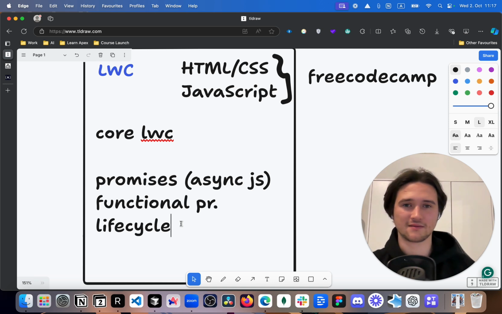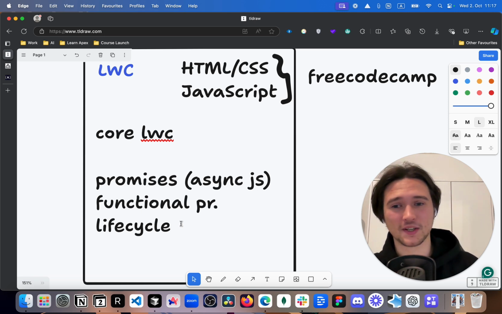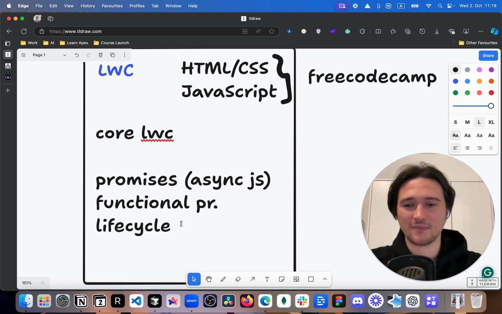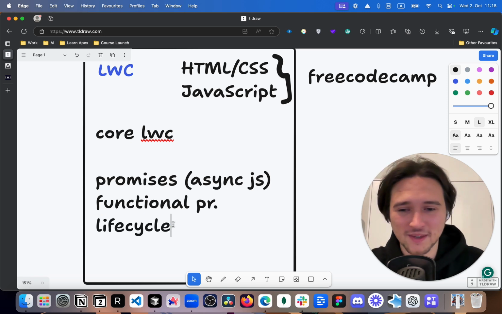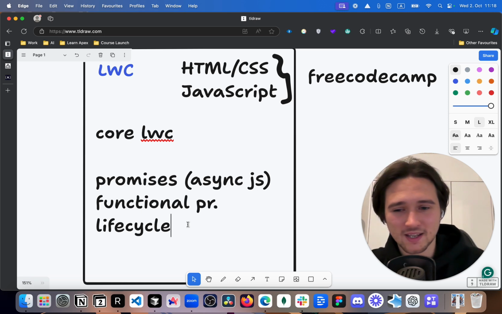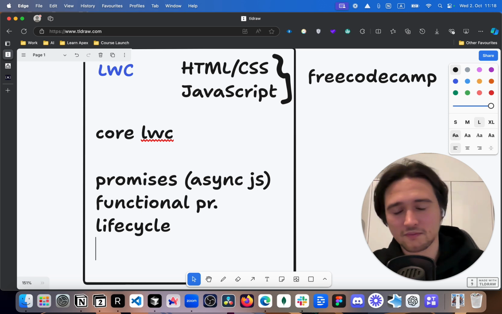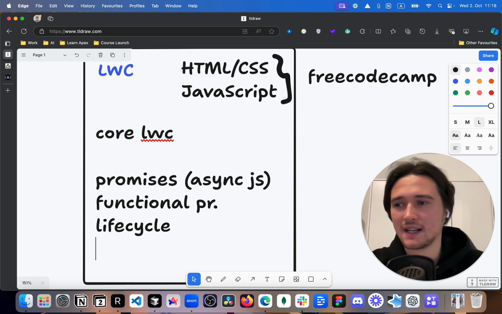It's such a theoretical concept that you cannot volume practice it. You can volume practice core LWC because you can create 10 different LWC components, but you cannot do that with the lifecycle. So lifecycle is something you should focus on. Don't spend a lot of time on it, but try to understand it.